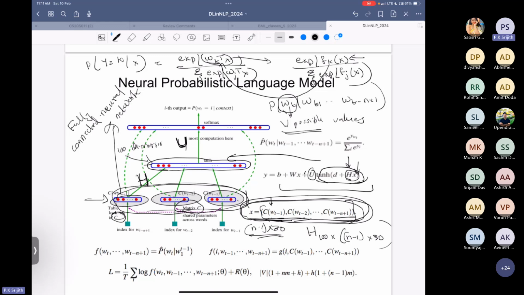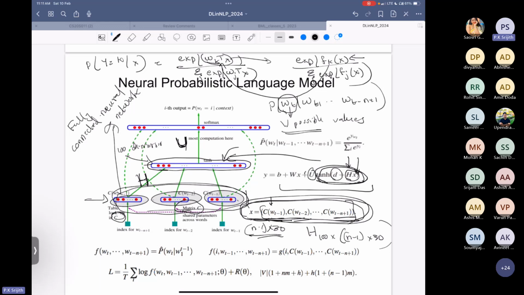The H matrix maps this x to a 100-dimensional space, and you add some bias, and then you apply this nonlinear function. What you end up getting after the tanh activation function is a dense, 100-dimensional hidden vector.